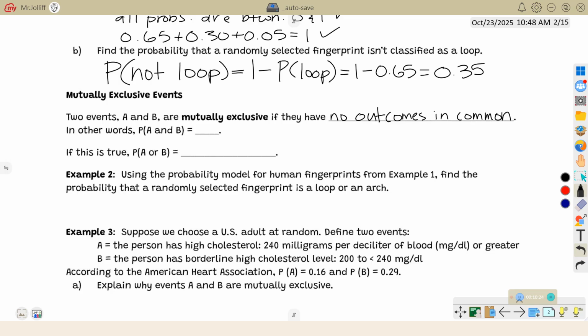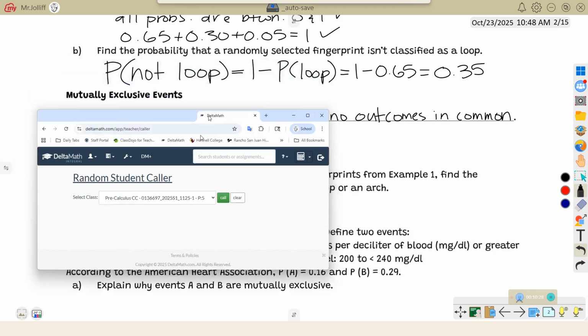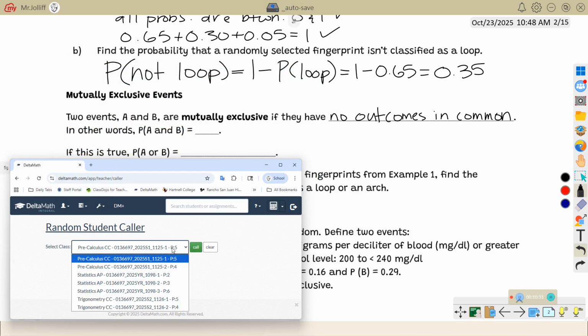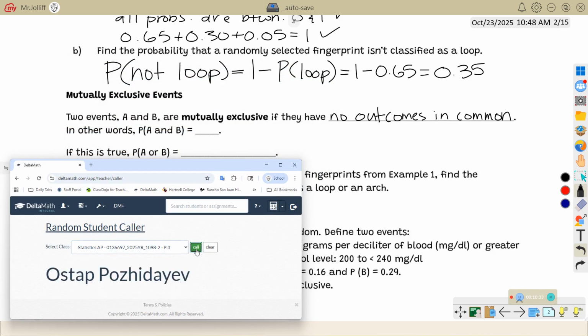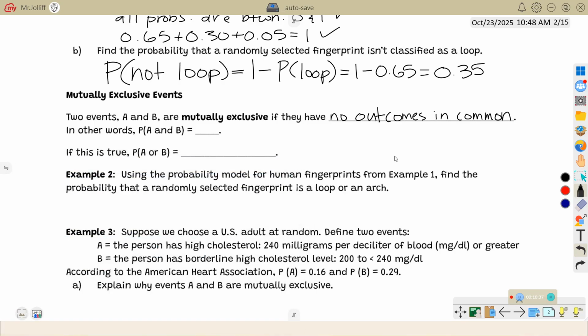Brownie face. Alex. All right, Alex. An example of two events in a deck of cards that are mutually exclusive. Don't know. Did somebody else at your table come up with something?